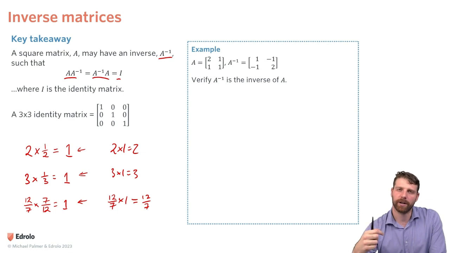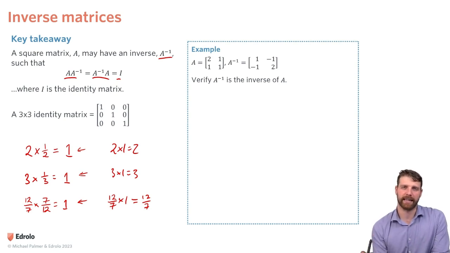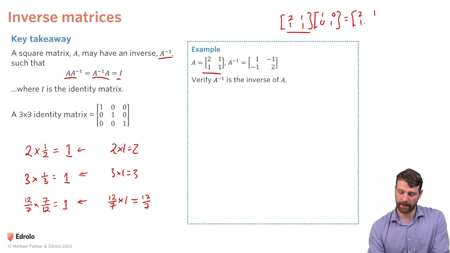An identity is a common idea in mathematics spread across lots of different areas. And here, with the identity matrix, if I multiply something by the identity matrix, I get back that matrix. So if I had this matrix here, 2, 1, 1, 1, and multiplied it by the identity, I would just get back this exact same matrix. You can test that by hand to verify that it's true.